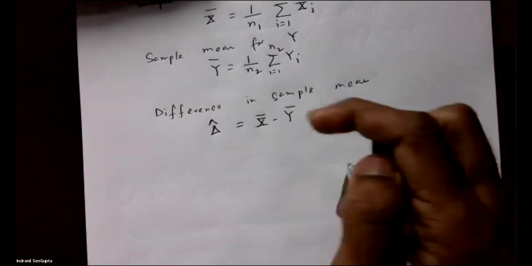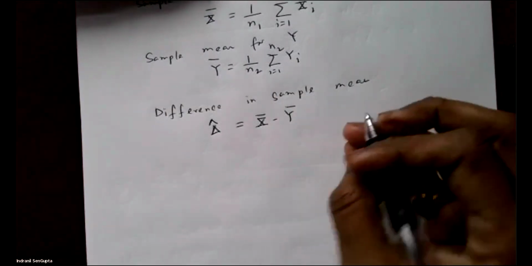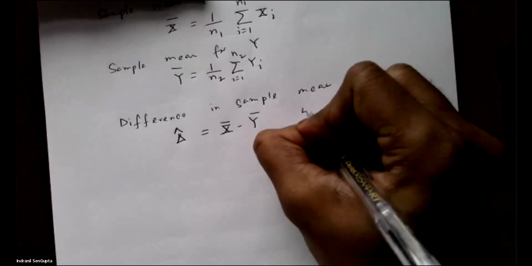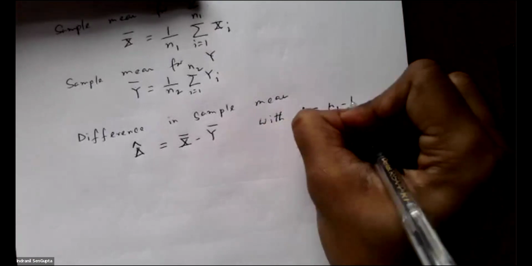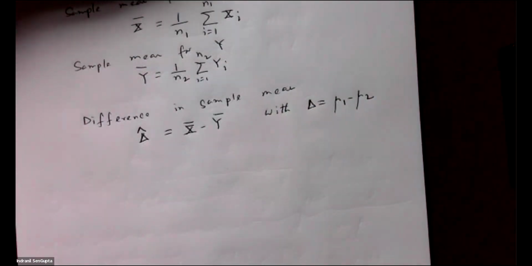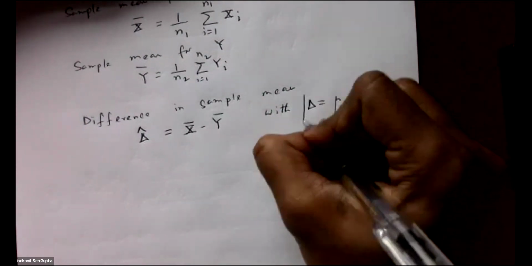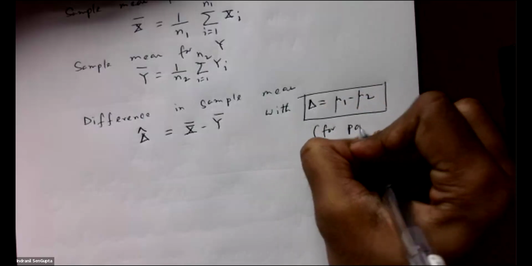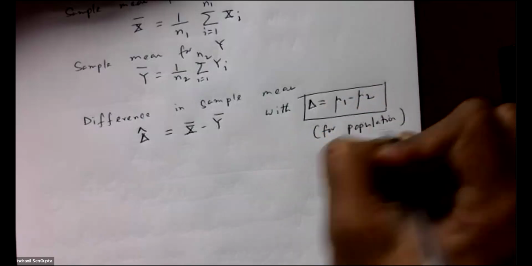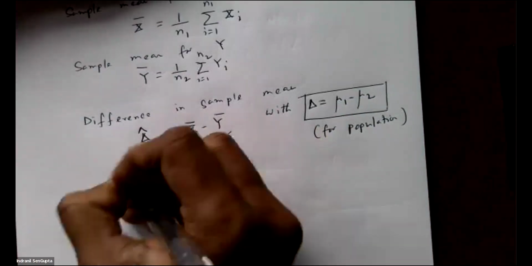And what is my delta? Delta is mu1 minus mu2. So this is the exact one, this is for the population. And this is for the sample.